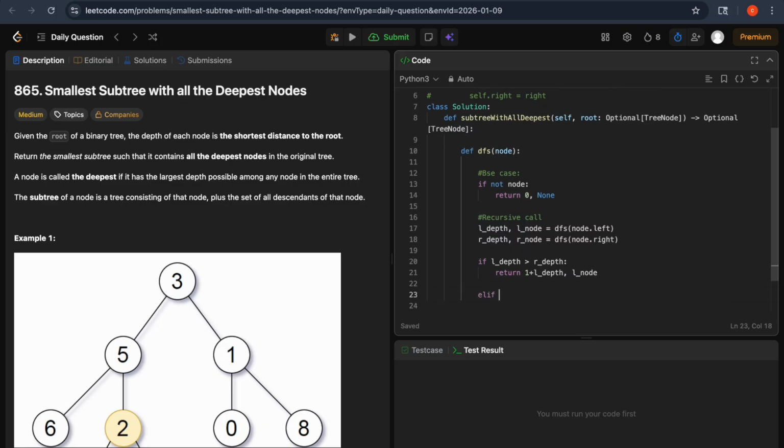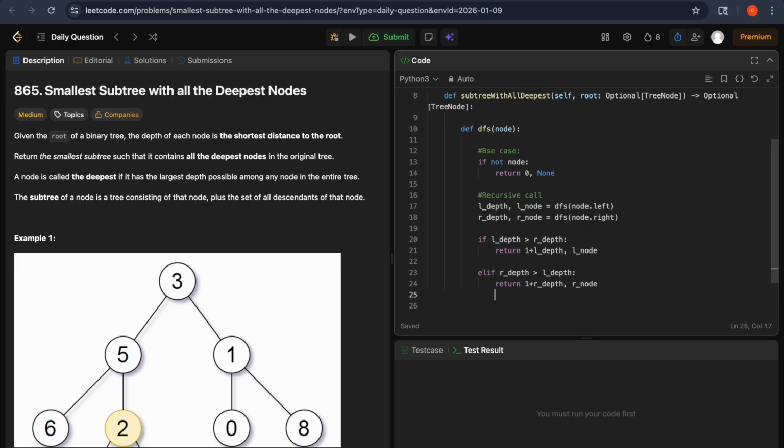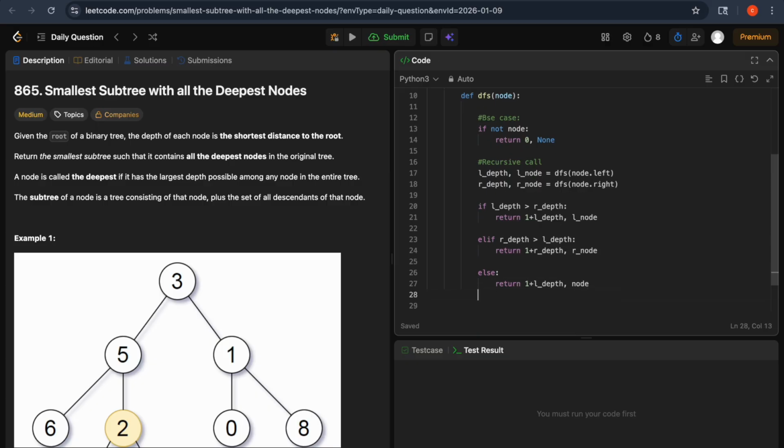And elif right, return 1 plus right depth and node, and else case return 1 plus, we can choose anything, it can be left or it can be right, but the left node will be processed first, so because of that I'm going with left depth, and this will be node, right?